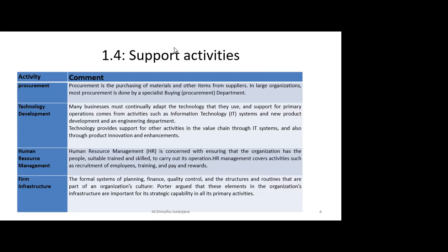Then technology development. Technology development is actually related with technology. Normally, for example, the activities of the IT department come under this. Activities related to research and development, R&D, come under this.